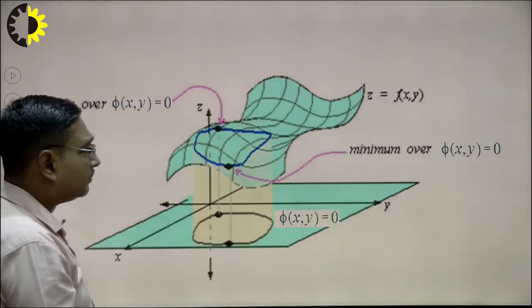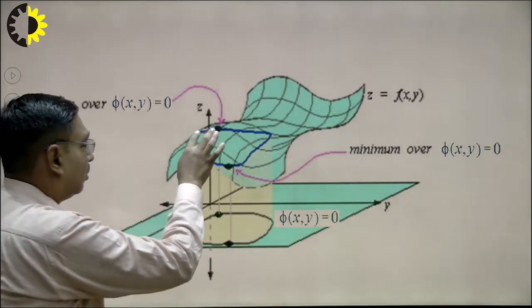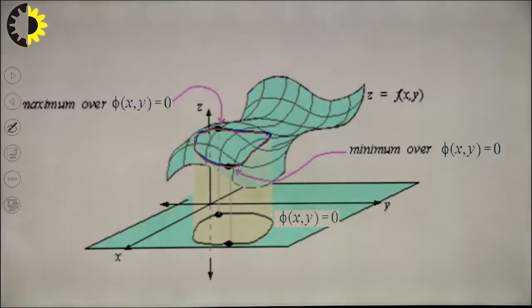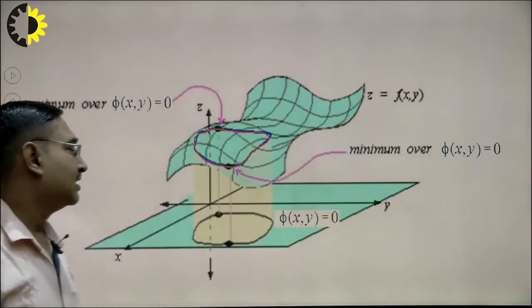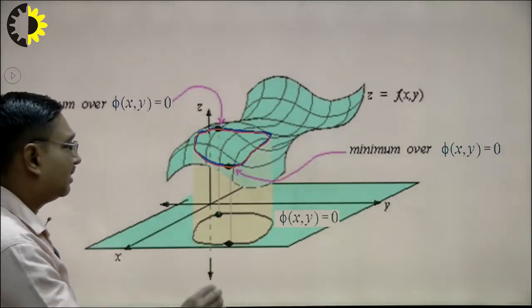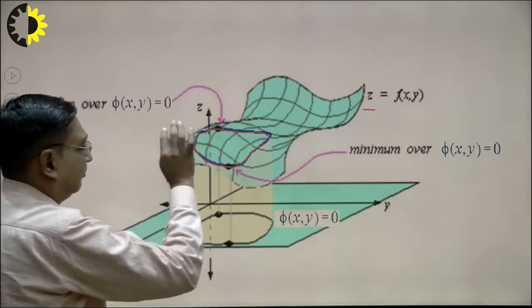Now, this curve is the shadow of the curve which lies completely on the given surface z equal to f(x,y). We want to extremize this function z over this curve.